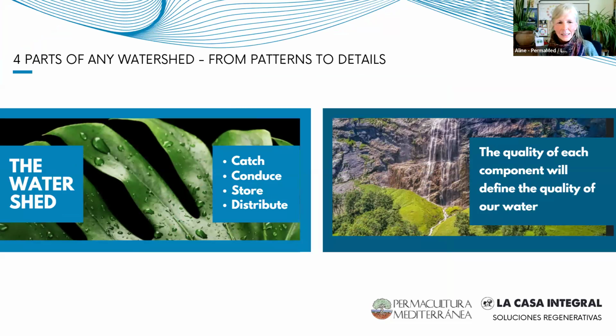So what we will need to learn about watersheds, and we will look at how we will use this in our design. For landscape design, we will go into more detail in 2 weeks' time. But just to keep the patterns present for now, all watersheds have a catchment zone, conduction areas, storage, and a distribution.